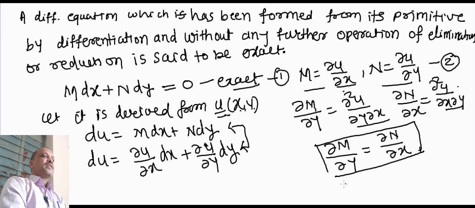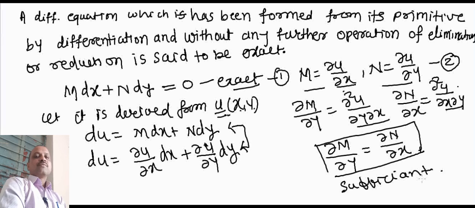Whenever this condition is satisfied, it is called the sufficient condition for exactness of a function that satisfies equation number 1.